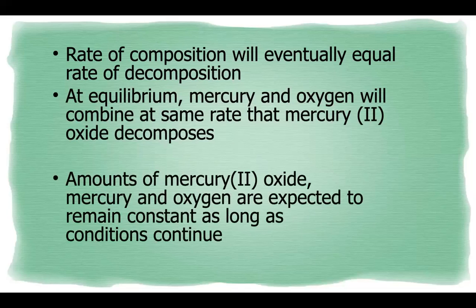At equilibrium, as long as conditions remain the same, the amounts of mercury(II) oxide, mercury, and oxygen will remain constant. If both reactions are occurring at the same rate, at equilibrium, as long as nothing changes, so temperature doesn't change, pressure doesn't change, volume doesn't change, you don't add anything or take anything out, then the concentrations of your reactants and products will remain constant.